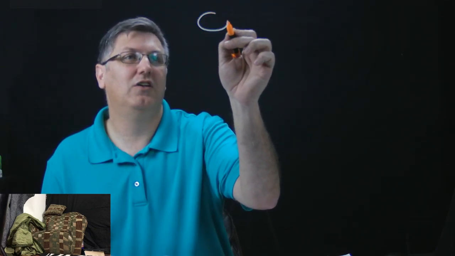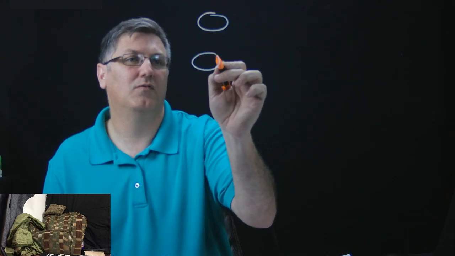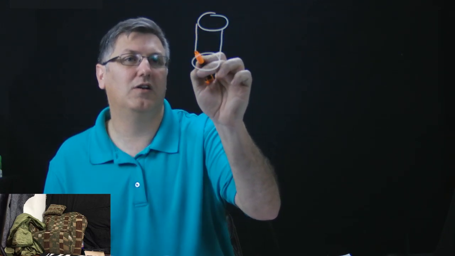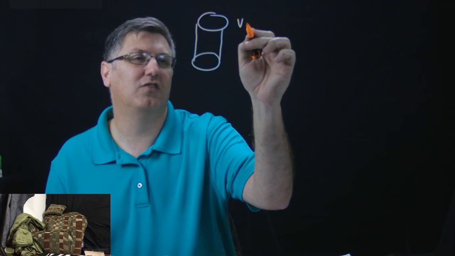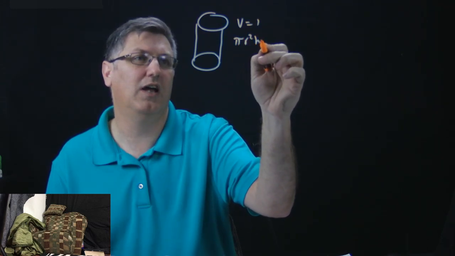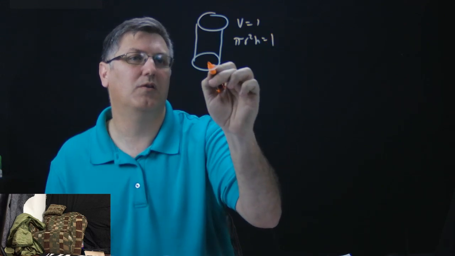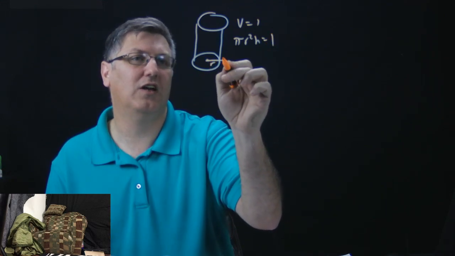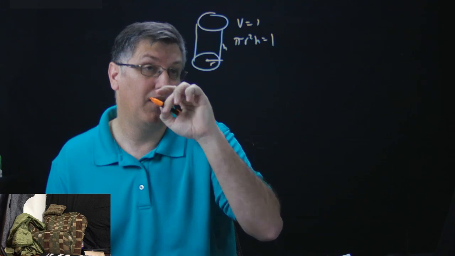In this business calculus problem, he's given a cylinder, and he's told that the volume of the cylinder is 1. Well, volume is just pi r squared h equals 1. Of course, the radius is down here, and then this is your h.